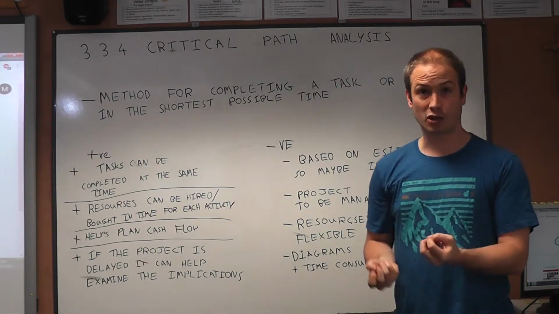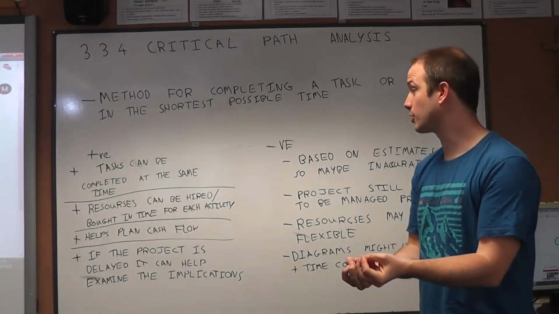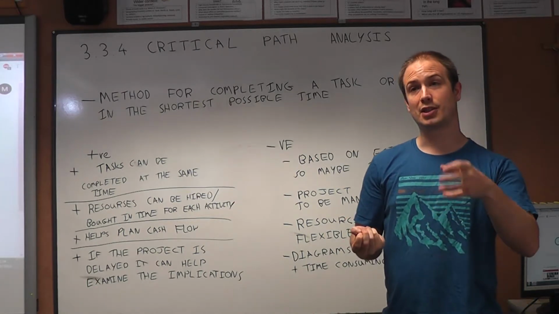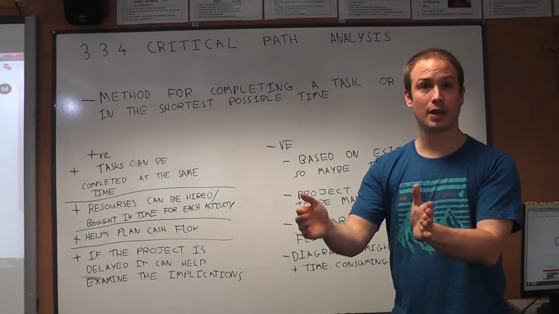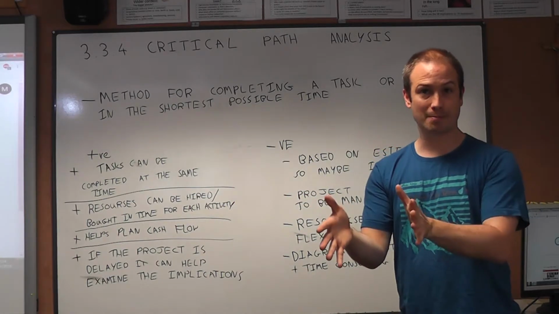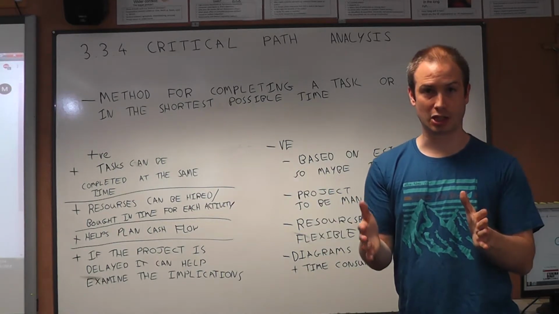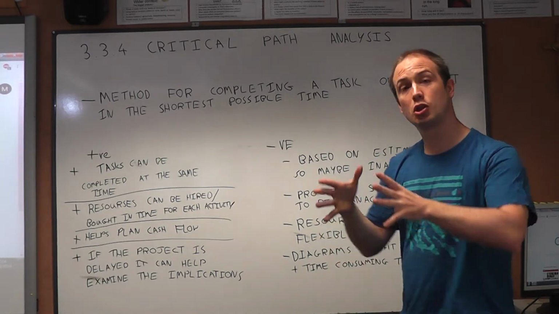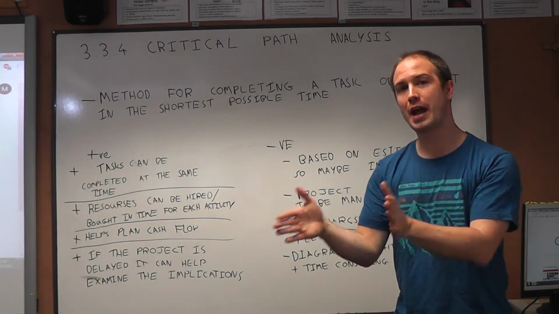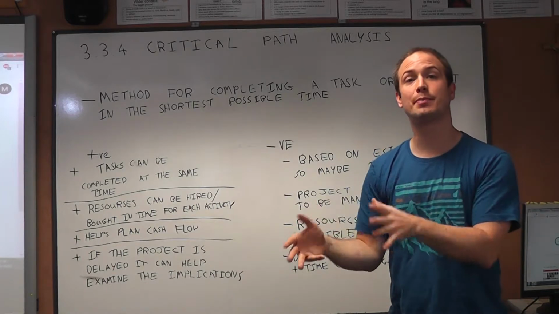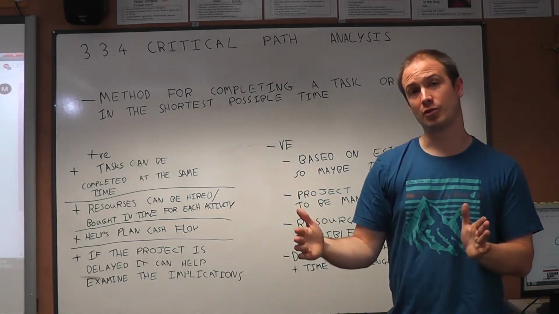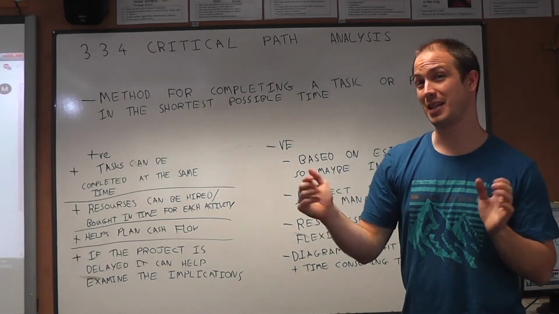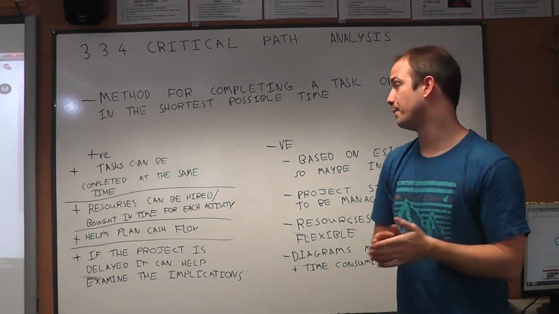So that means that the project can be completed in a shorter amount of time, which means that you can save money in terms of having staff in at the same time, so that the project's completed sooner. It also means that you can reallocate resources away from certain tasks that don't need to be completed immediately. Ultimately, it's about keeping the resources and the staff time needed to complete the project to a minimum.